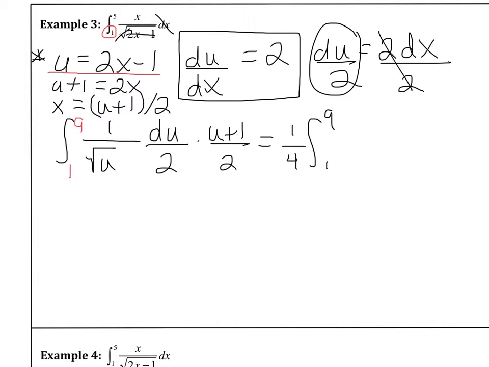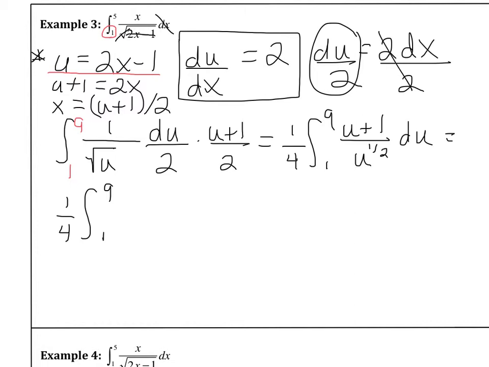Then I will be left with u plus 1 over root u, which I am going to write as u to the 1/2 at the moment. Because if we do that, we recognize a little more easily that I have an STD.